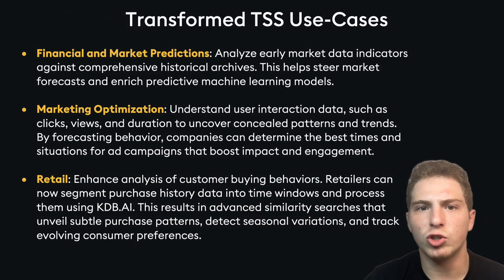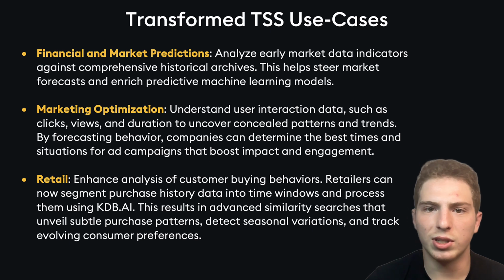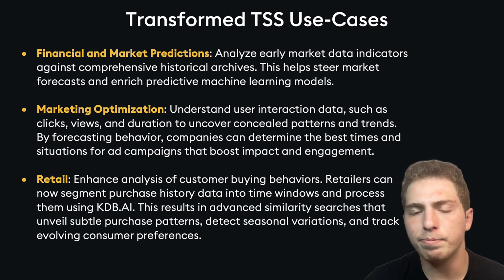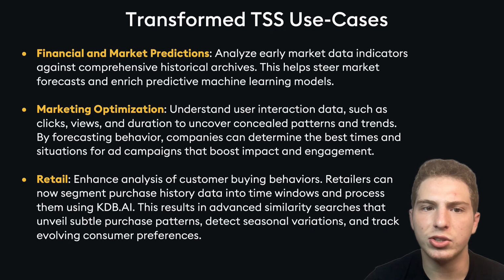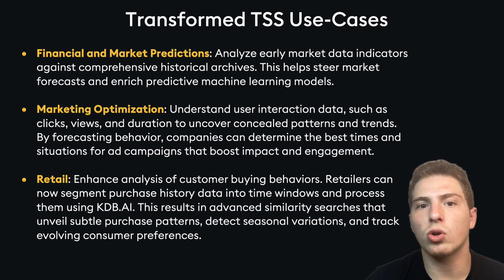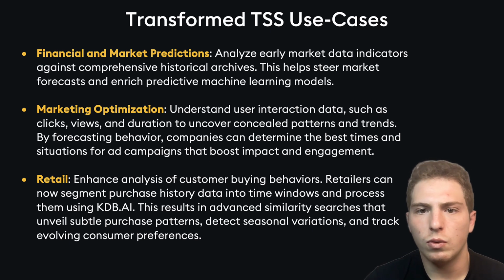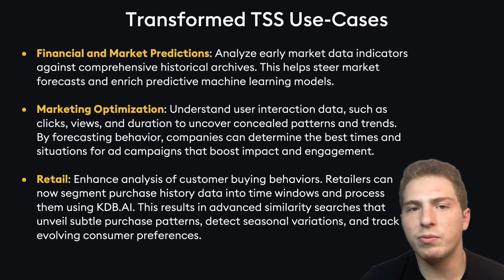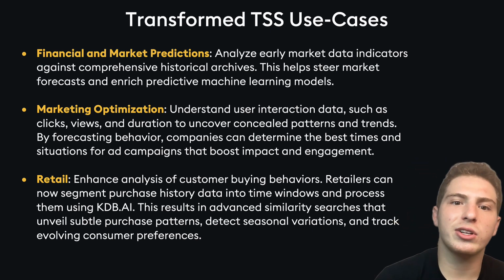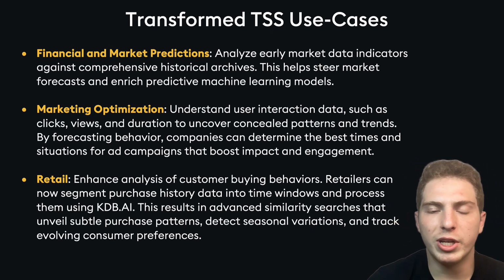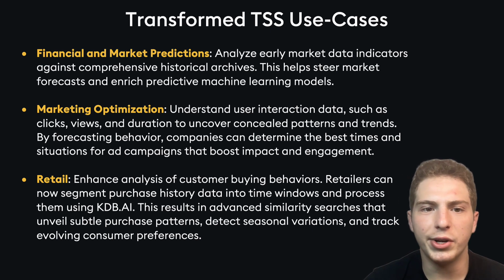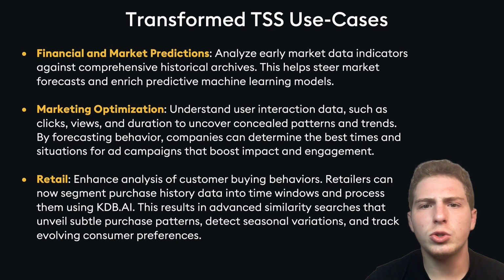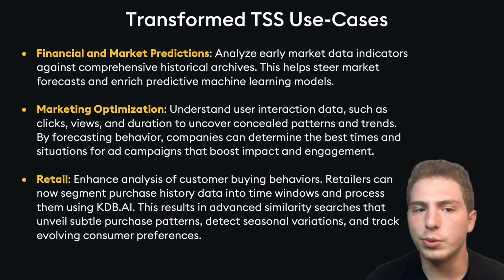Some use cases for transform TSS include financial and market predictions. So let's say we have a bunch of historical data and we want to analyze early market data indicators against our historical archives. We can steer market forecasts, we can enrich predictive machine learning models, we can basically analyze patterns and see whether our predictions are correct. We could also use transform TSS for marketing optimization.